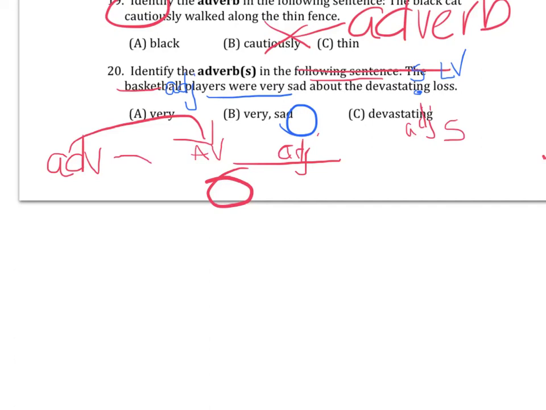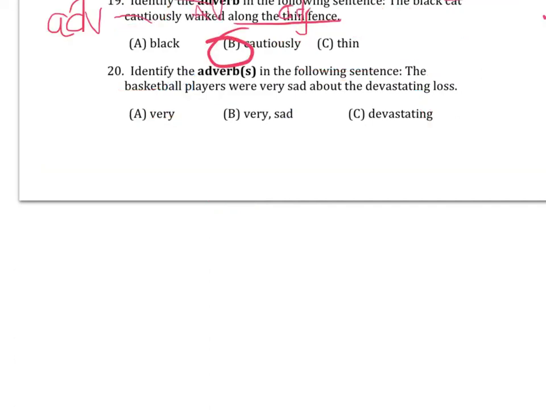Finally, we're looking for adverbs in the last sentence. My subject is players. My linking verb is were. About the devastating loss is my prepositional phrase. Yes, devastating is an adjective describing the noun loss. Loss is a noun. And here's a predicate adjective. It comes after the linking verb were.